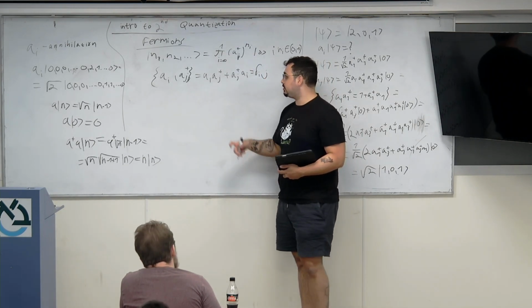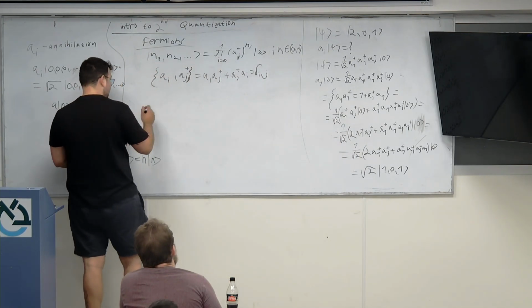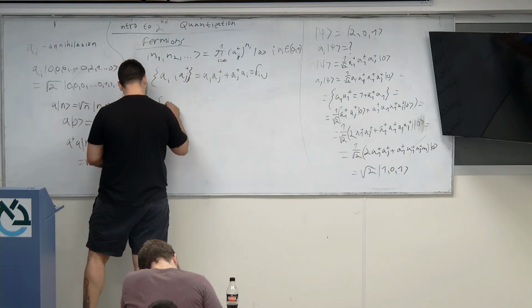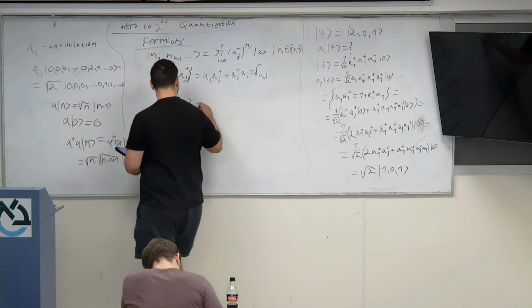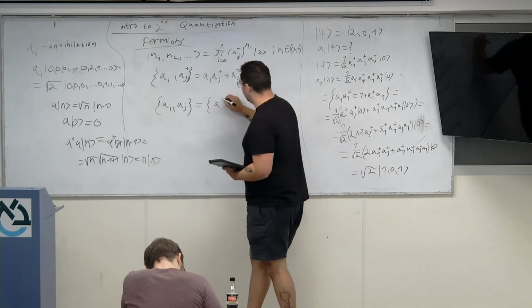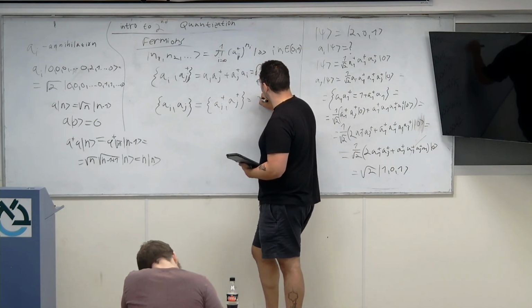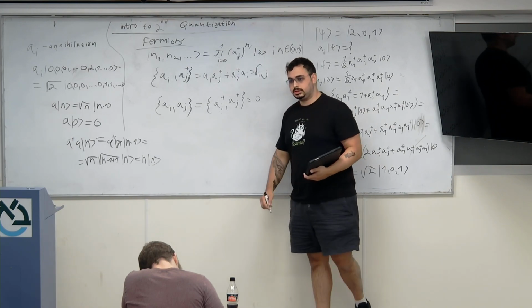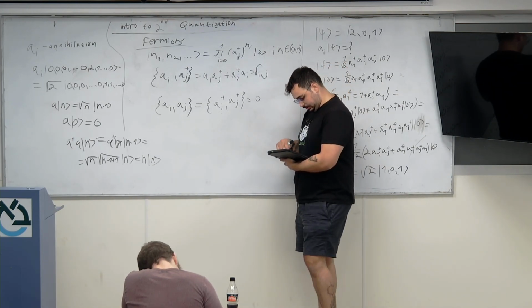It's exactly the same as the boson, but they have to be special, so they have a plus here. The second part is exactly like the boson, but with anti-commutator.